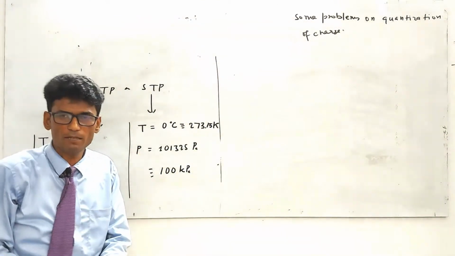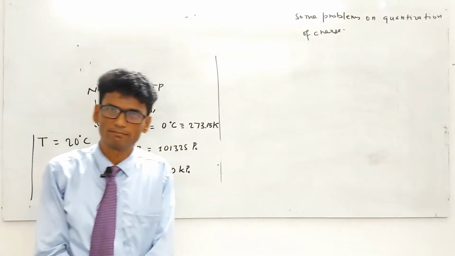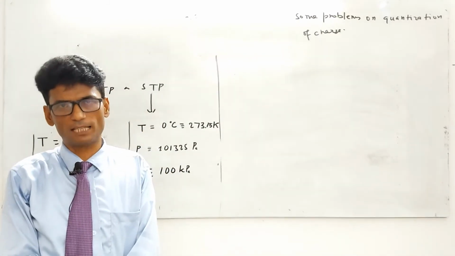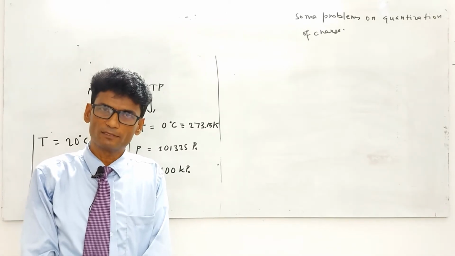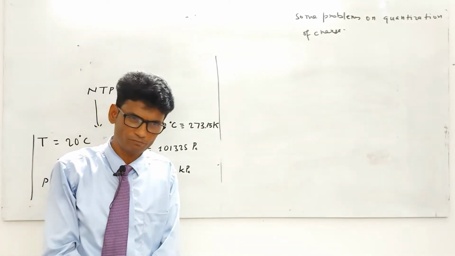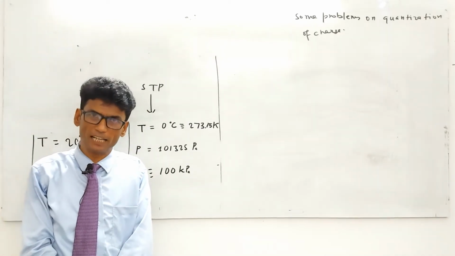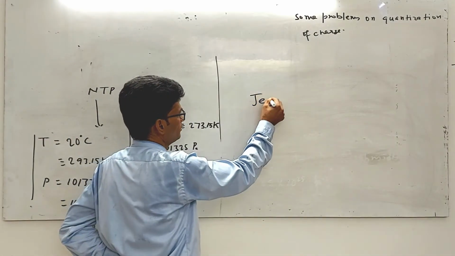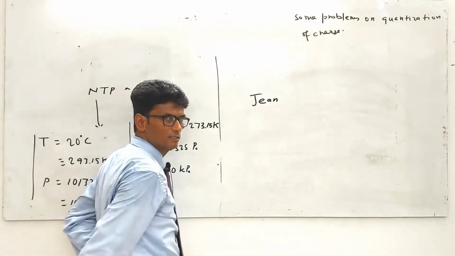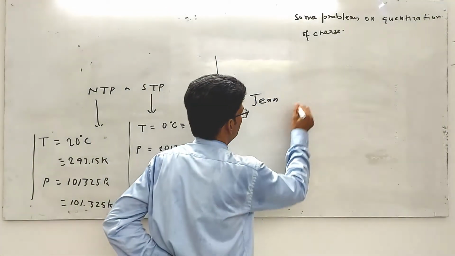Who said this number, rounded up to 3 decimal digits, 6.022 multiplied by 10 to the power 23? Whose name is Jean-Baptiste Perrin, French physicist.